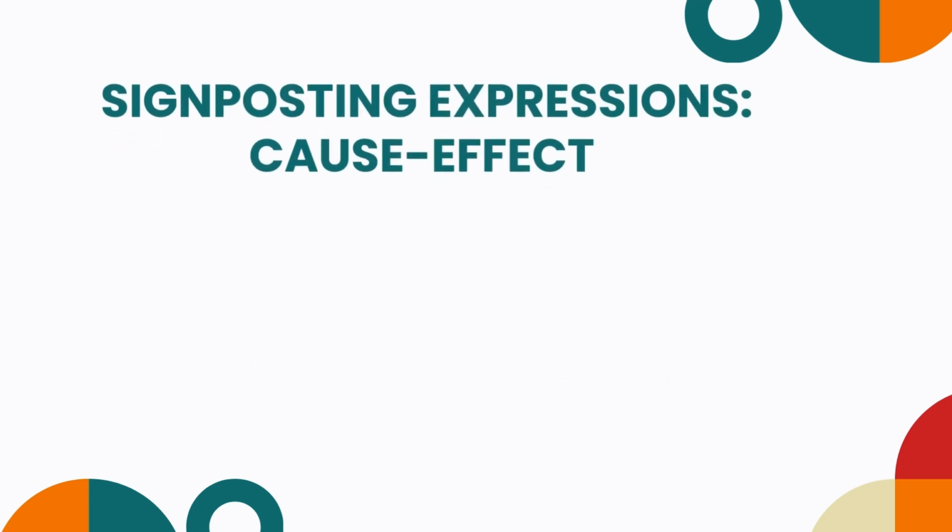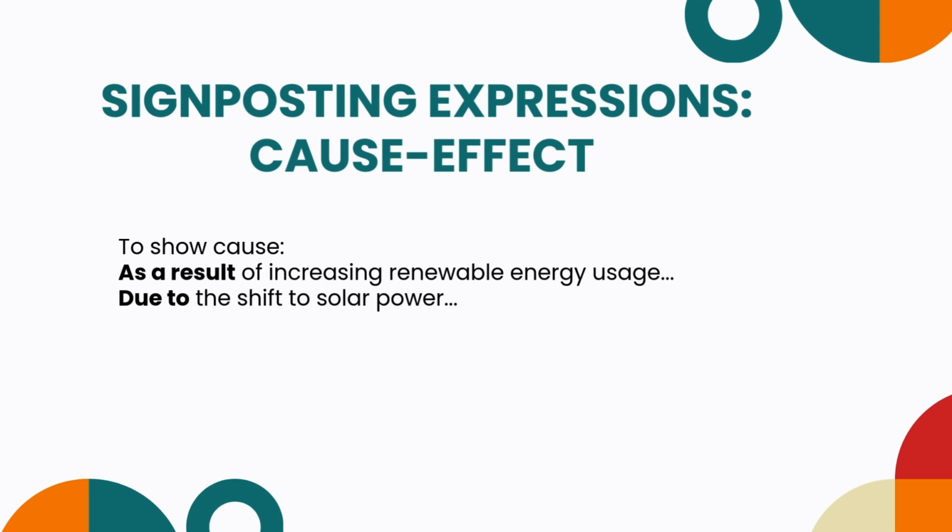Signposting is also helpful when Ali needs to demonstrate a cause-effect relationship. Here are some examples. To show cause: as a result of increasing renewable energy usage, or due to the shift to solar power. As a result of, due to, are examples of signposting expressions to show cause.